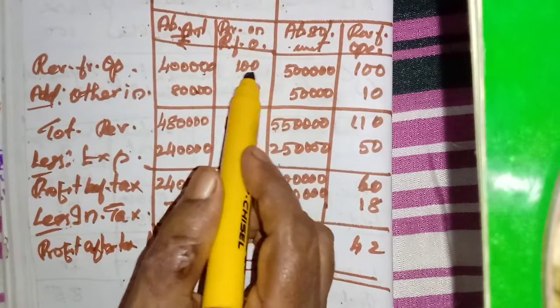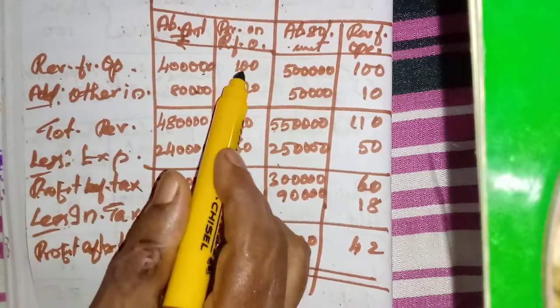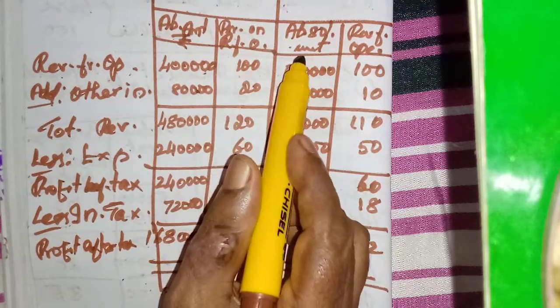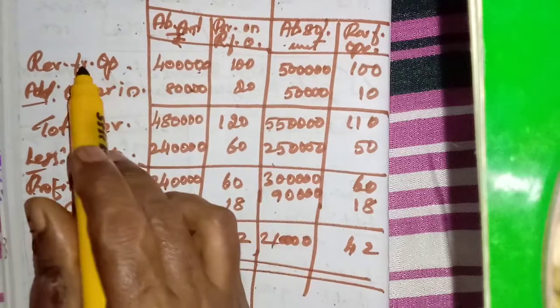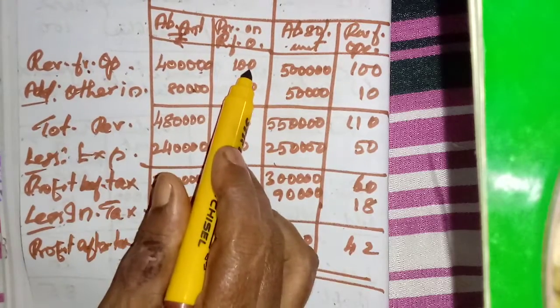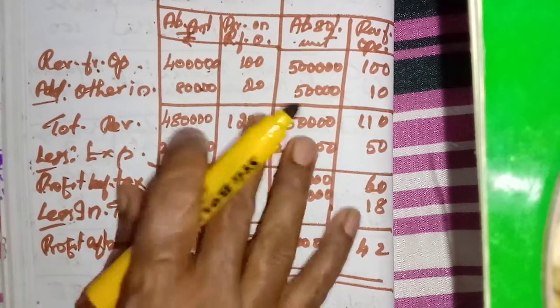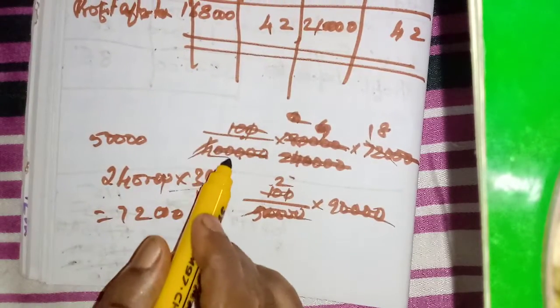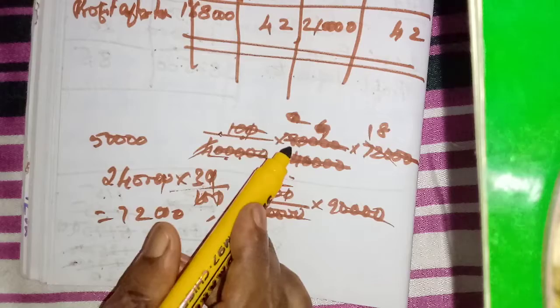We are taking this one revenue from operation as the base. So that percentage on revenue from operation. So revenue from operation we are taking as 100. Okay, other thing we are calculating. So that one, first one, 4 lakh, it is 100. Then the other amount we have to calculate.